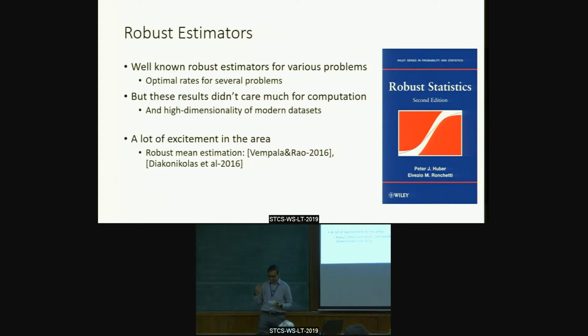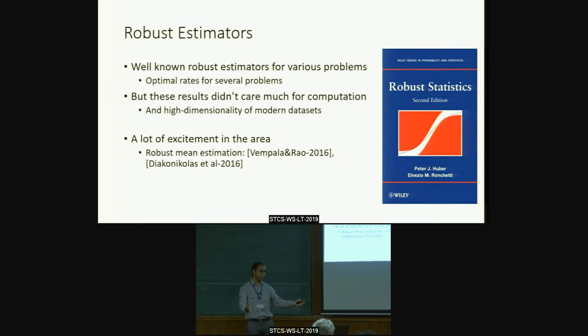It turned out that the statisticians didn't really care for high dimensional data, which is the bread and butter of modern machine learning. And they also didn't care much for computation. Many of their estimators were actually exponential time. That opened our eyes to some very basic problems. For example, in 2016, there were a couple of very interesting papers on robust mean estimation. The problem is as easy as it comes.